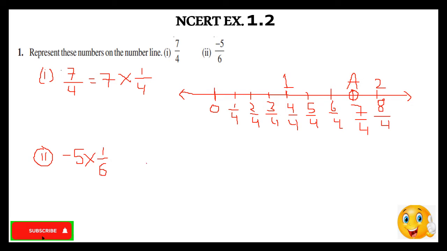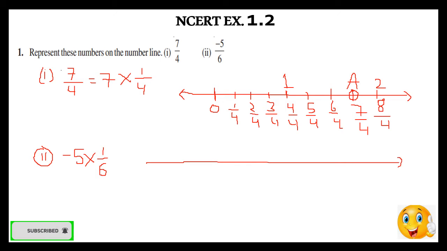This minus sign is representing the 5 steps towards the left on the number line. So here we have a number line, and on this number line, as we have to represent a negative rational number, you can start from the rightmost side and your 0 is here. Now the first part is 1 by 6. Then the second part will be 2 by 6. Then third will be 3 by 6.